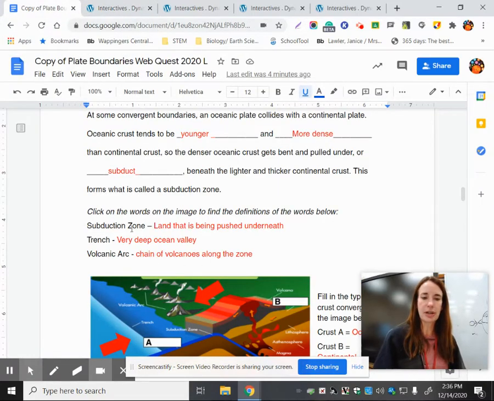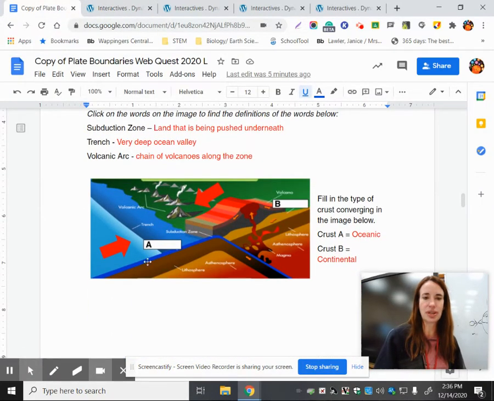But what we want to talk about is, what is the subduction zone? The subduction zone is this one underneath, where the land is being pushed underneath another continent. A trench is a very deep ocean valley, and the volcanic arc is a chain of volcanoes along the zone.